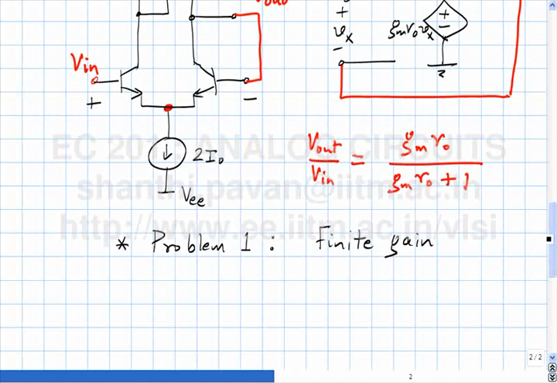So any suggestion on what I might be able to do? If I have a gain of 100 and I need a gain of 10,000, what should I do? One suggestion here is to increase the current. Does increasing current help here? GM increases certainly, but RO decreases, so GM RO is the same.